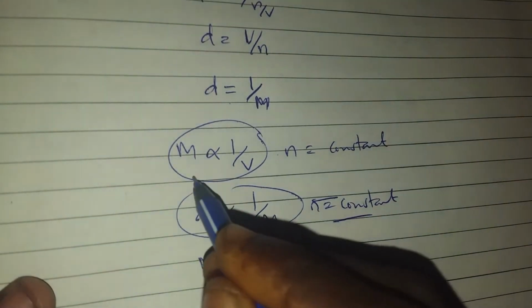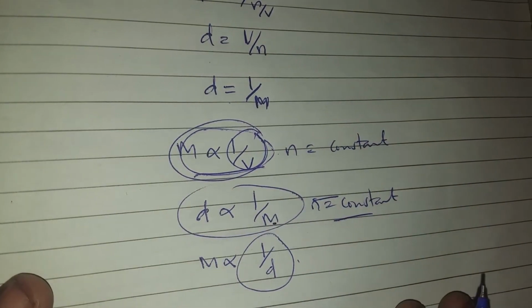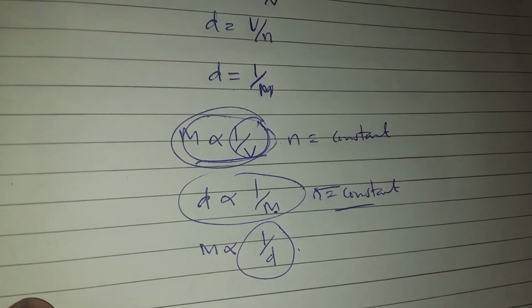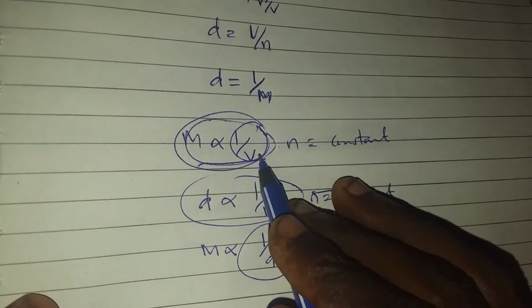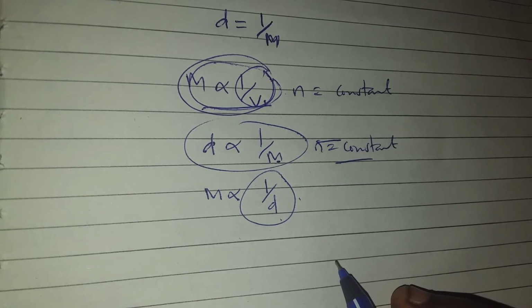So molarity is inversely proportional to volume, molarity is inversely proportional to dilution.